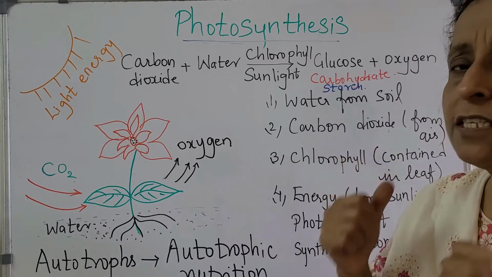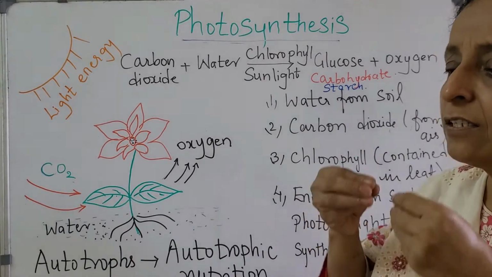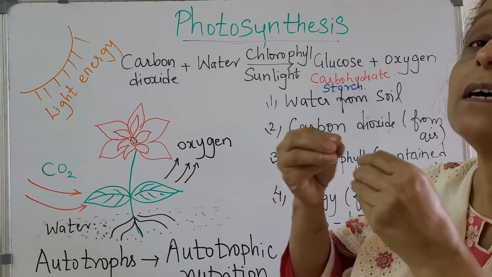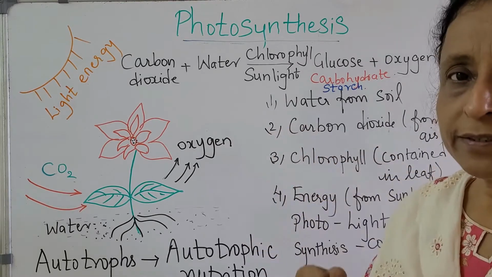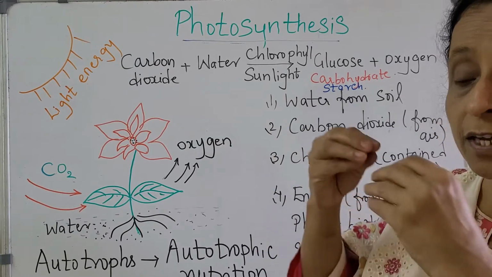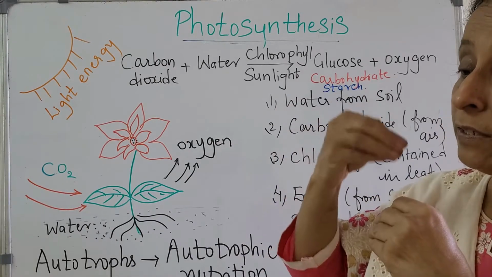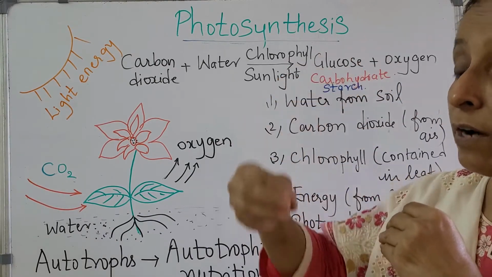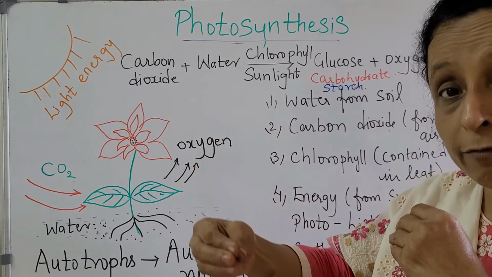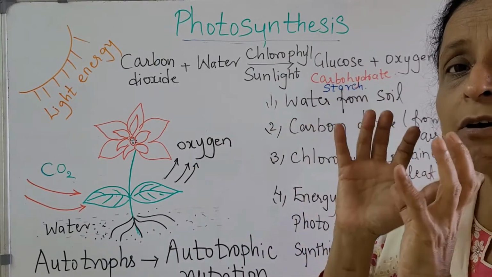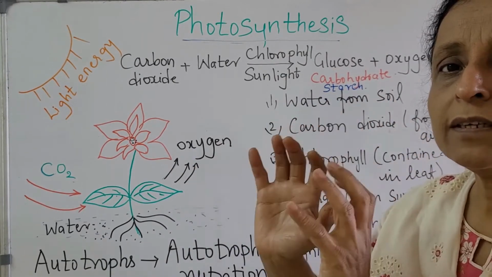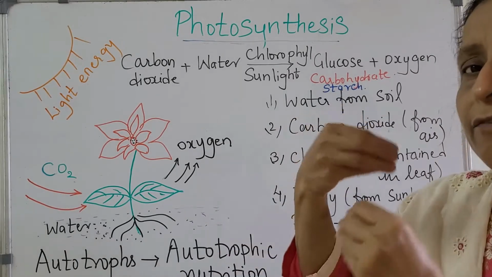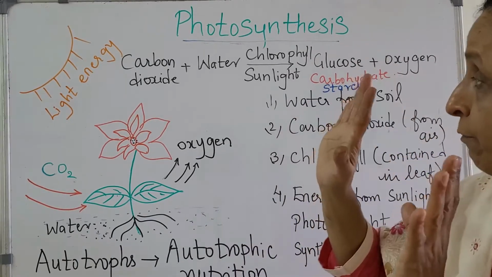They synthesize simple glucose, but slowly it forms complex carbohydrate. First they will form sugar, carbohydrate, then they'll form starch, and then a complex substance stored in the grain which we have, and again we convert it into simple form.